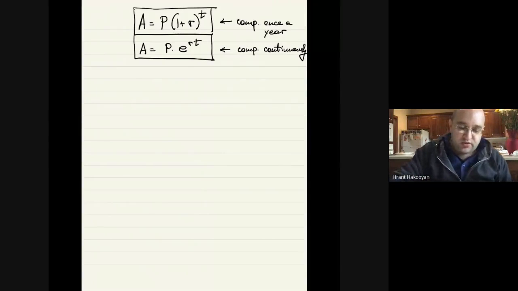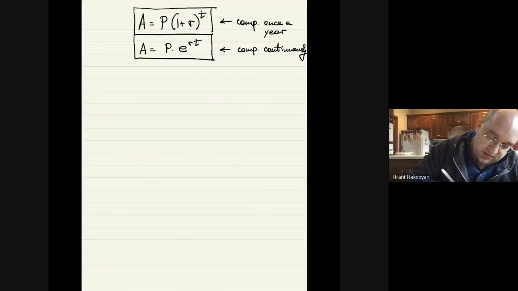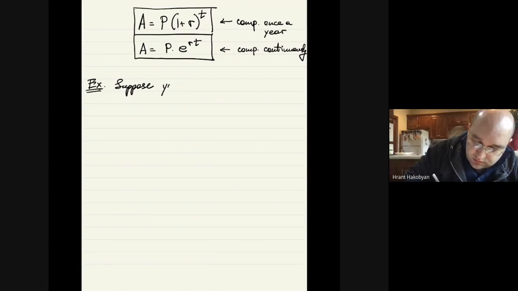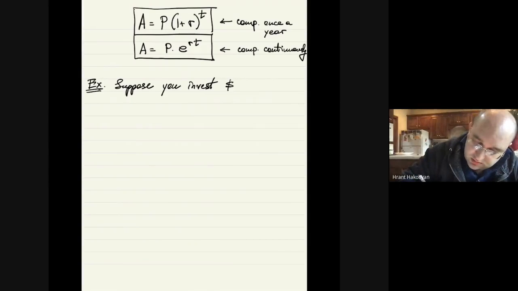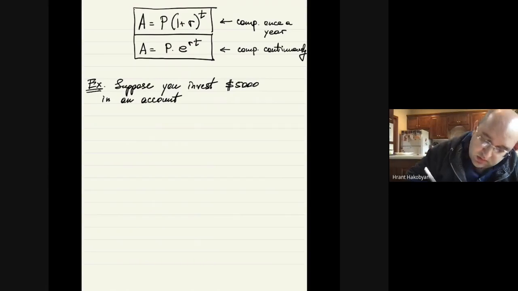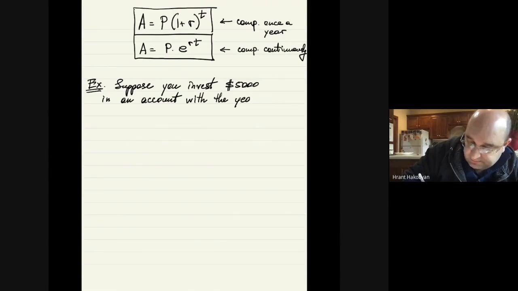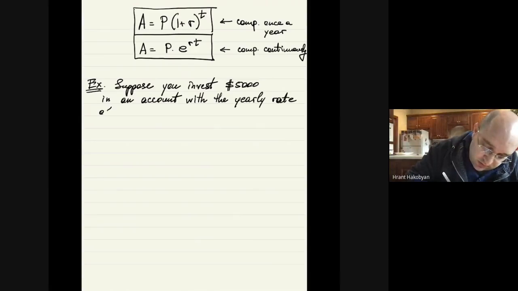Okay, so let's use these formulas to do some problems. So here is an example. Suppose you invest, I don't know, a certain amount. Let's do $20,000, or actually, let's do $5,000 in an account with the yearly rate of, let's say, 10%.